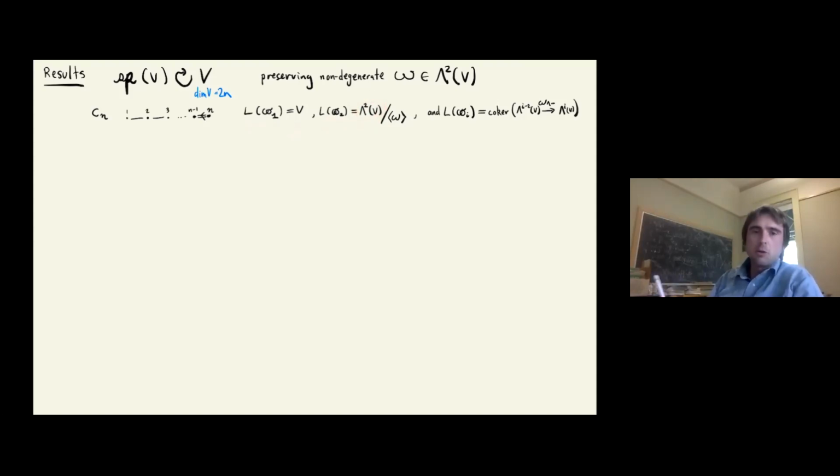And the reason you have to take a quotient for the symplectic group is that it's preserving this non-degenerate 2-form, which is actually spanning some line inside of the exterior square.